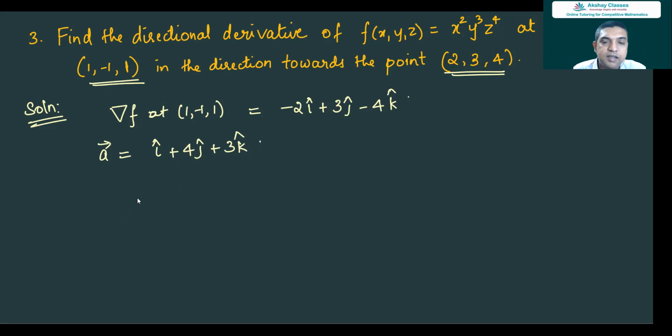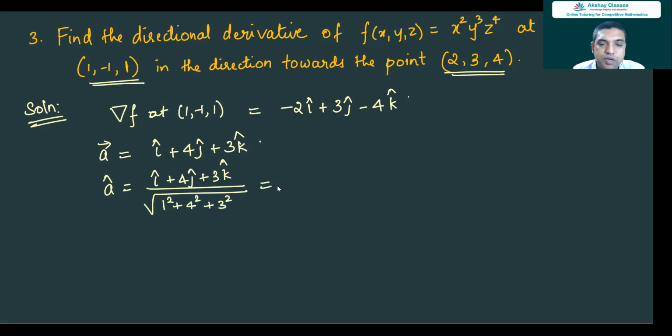Okay. Now what is a cap? i plus 4j plus 3k divided by under root of 1 square plus 4 square plus 3 square. So under root 26. So 1 upon under root 26 into i plus 4j plus 3k.